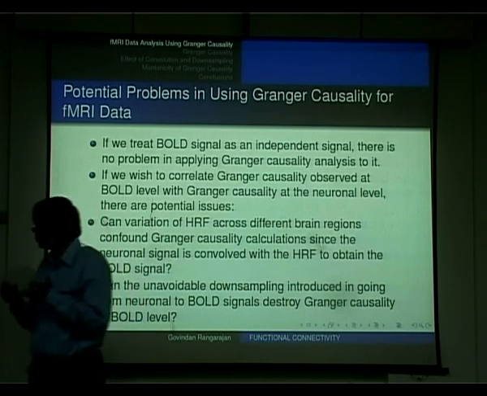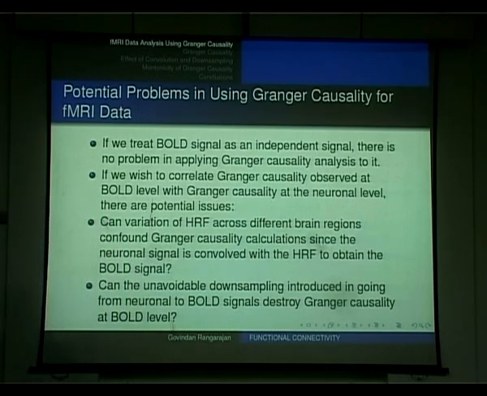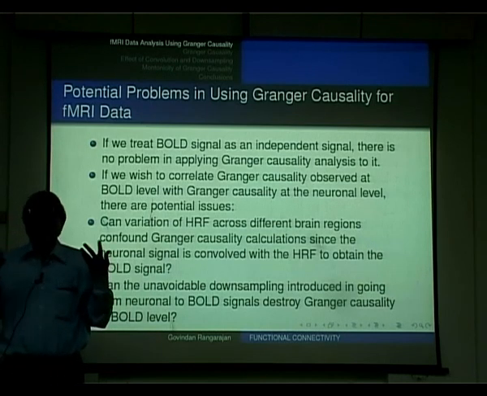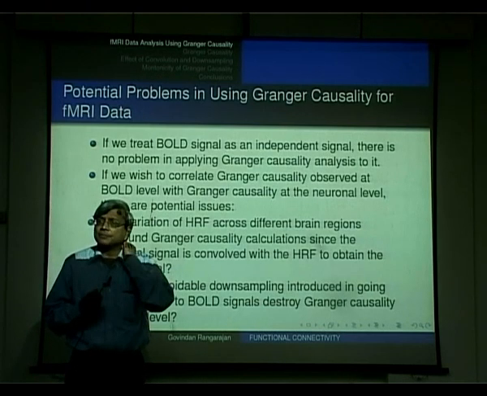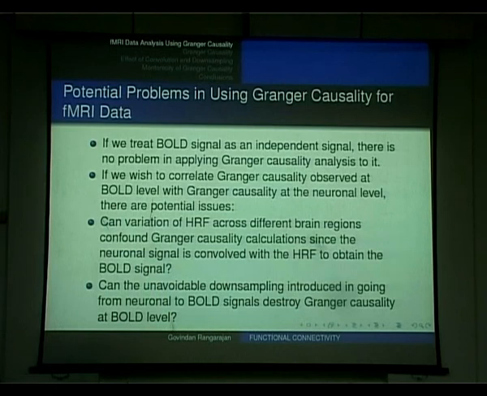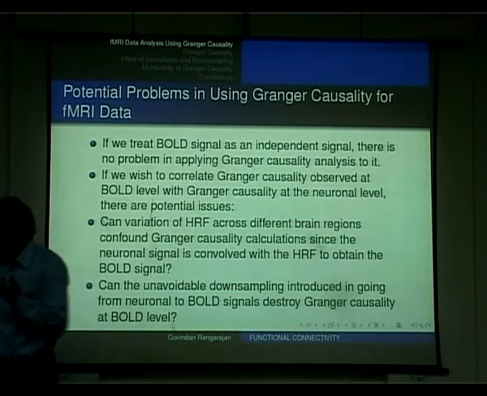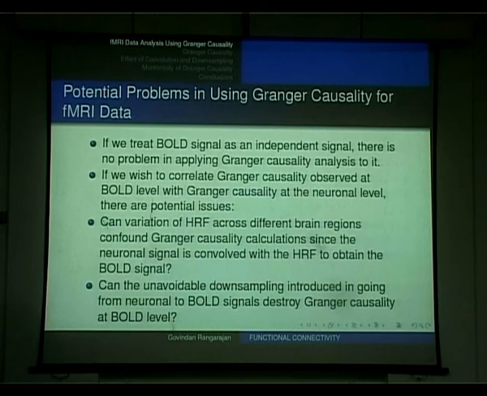So typically, you are sampling fMRI at 1 per second, or every 2 seconds, or these days with more modern machines every half a second and so on. So there is a lot of downsampling going on from what is happening at the neuronal level to what you are measuring using fMRI. Okay, so that, as you shall see, is again an issue.